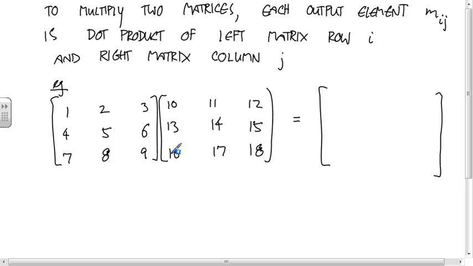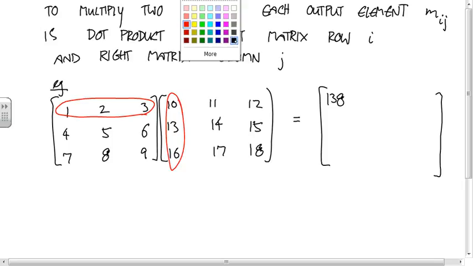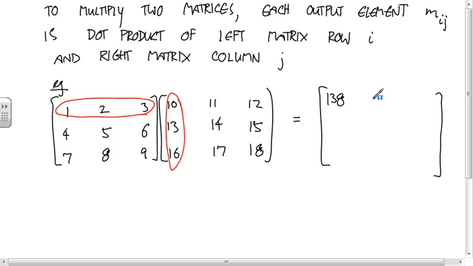Okay, and so you'd get 138, where you get that 138 by taking the dot product of this and this. Now in order to get the element 1, 2 in the output matrix, what are we going to take the dot product of?